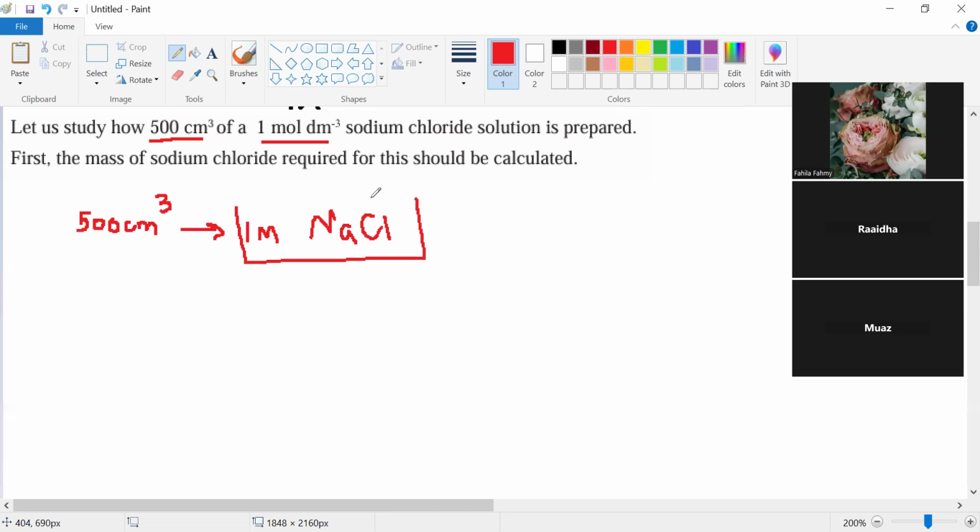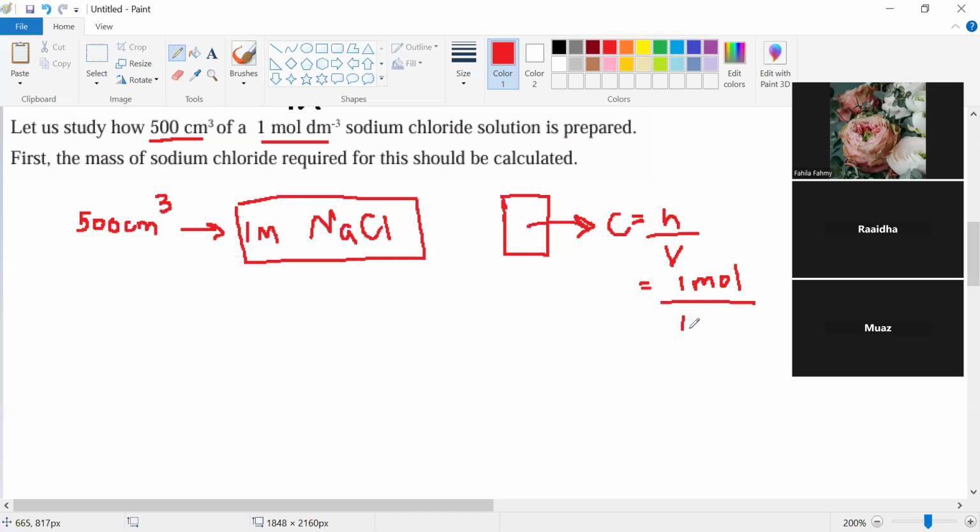This is how you should approach the sum. 1 M of sodium chloride. What do I know about sodium chloride? 1 M means the concentration is 1 M. What is that? C equals n divided by V. I know that this concentration means 1 mole per 1 liter or 1000 cubic centimeters.